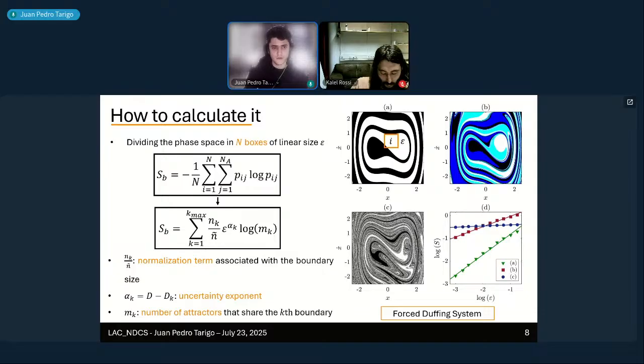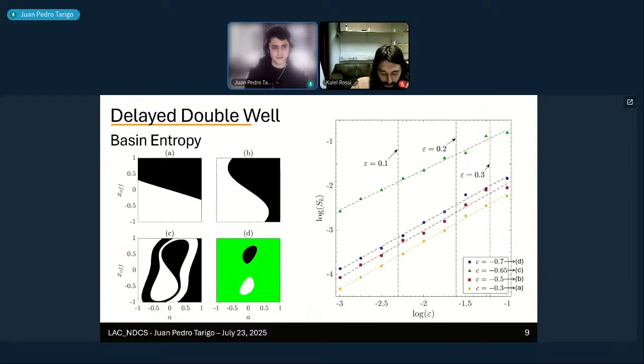So how do we do that in time-delayed systems? Well, the phase space is infinite dimensional, but we just take 2D projections that are our parametric function that we took earlier. So the same diagrams as we had, and we compute Bayesian entropy in each of these diagrams.